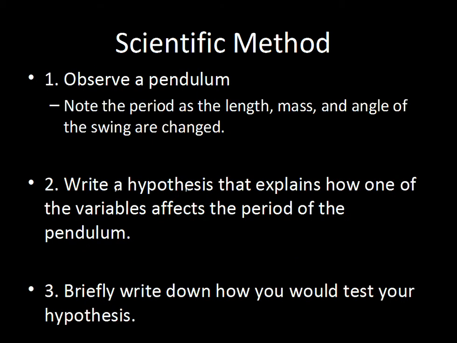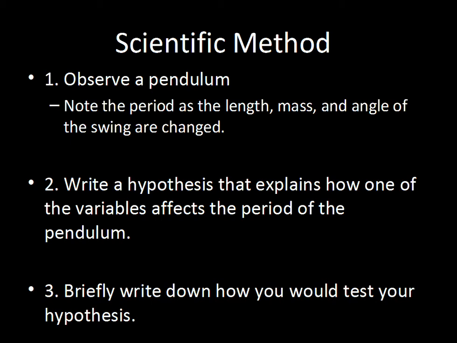So for the scientific method, you might get a little piece of string, hang a little weight on it, let it go back and forth, change the length, let it go back and forth and see how the period changes, the time to go back and forth once. Put different objects on the string, change the mass, change the initial release angle, and see if you can observe any effect on the period from one of these 3 variables.